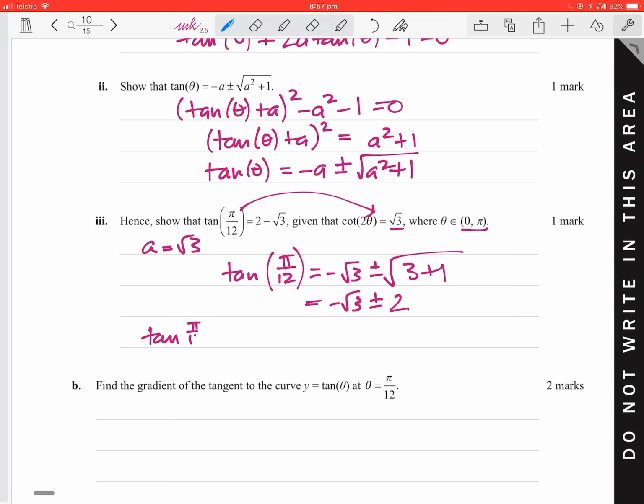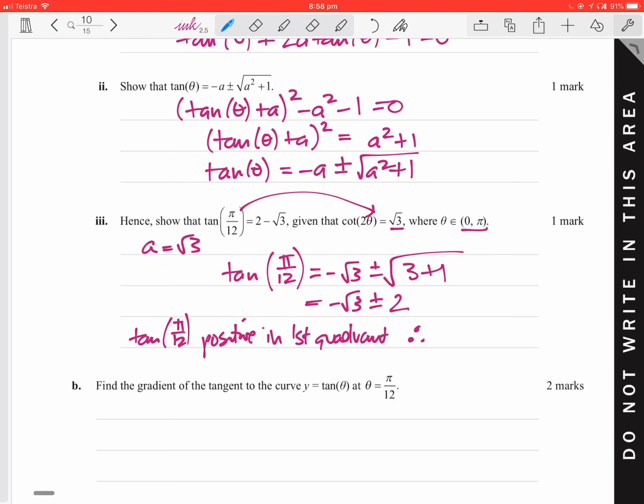Tan of pi on 12 is less than pi on 2. What am I trying to say? So tan of pi on 12 is positive in the first quadrant.